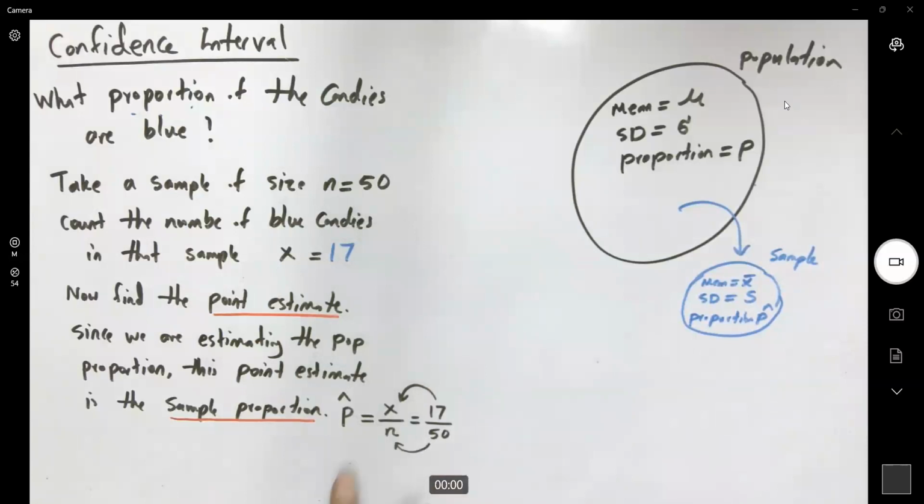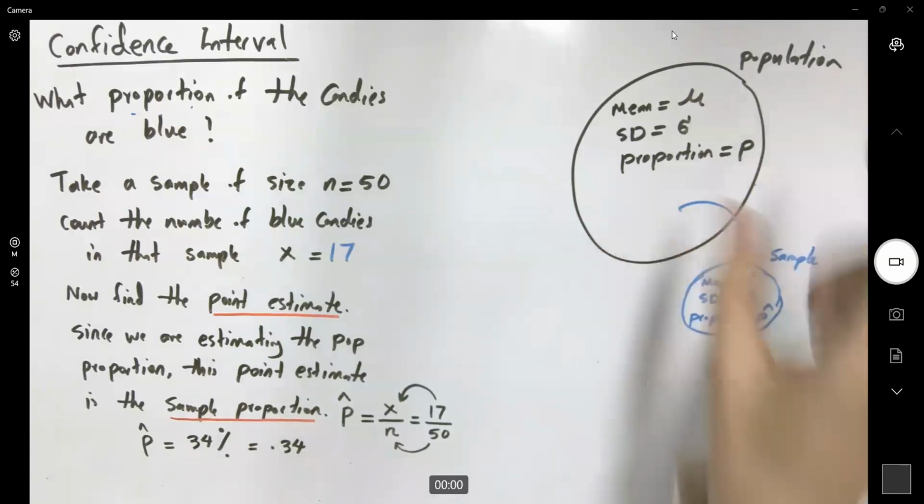We usually write the proportion as either a decimal or a percentage. What is 17 divided by 50? By calculation, we have 34%, or 0.34.